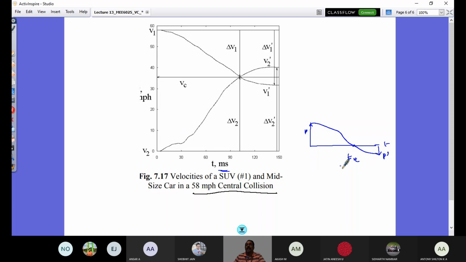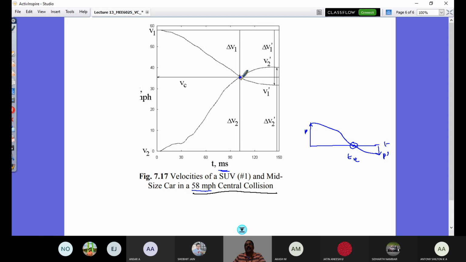So now this picture is very close to this, at that time scale we are looking at, right? So now you see this SUV approach velocity is 58 miles per hour, whereas the other, V2, the second vehicle, that is the mid-size car, is stationary, 0. So that velocity drops because of the collision, and the stationary vehicle picks up velocity, and there is a common crossover point, and that point is the common velocity point, VC.